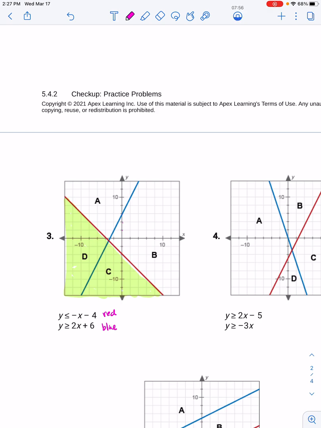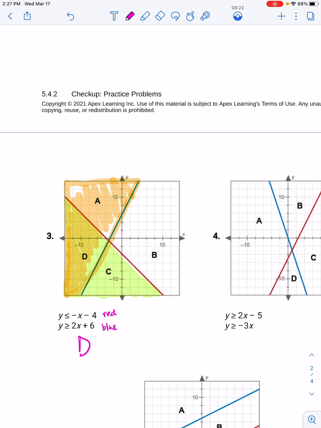So anything greater than is going to be in this area right here. Shade, shade, shade, shade, shade. So then our solution set will be D, because that is where our orange and our green overlap.